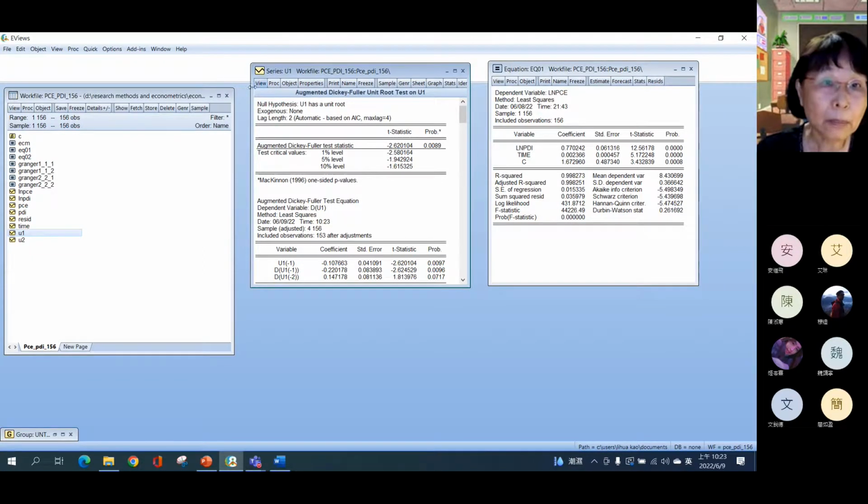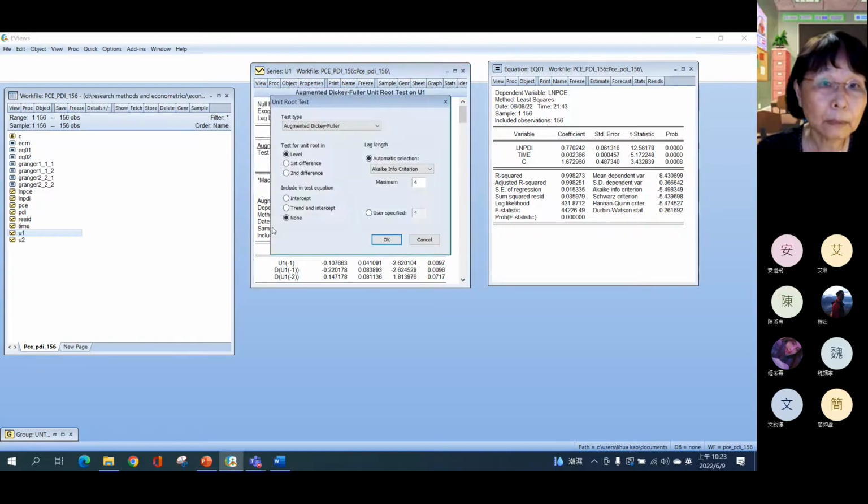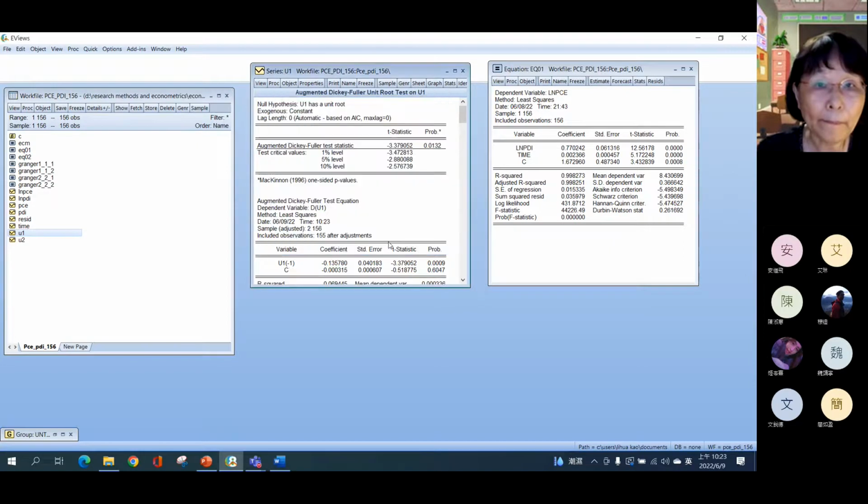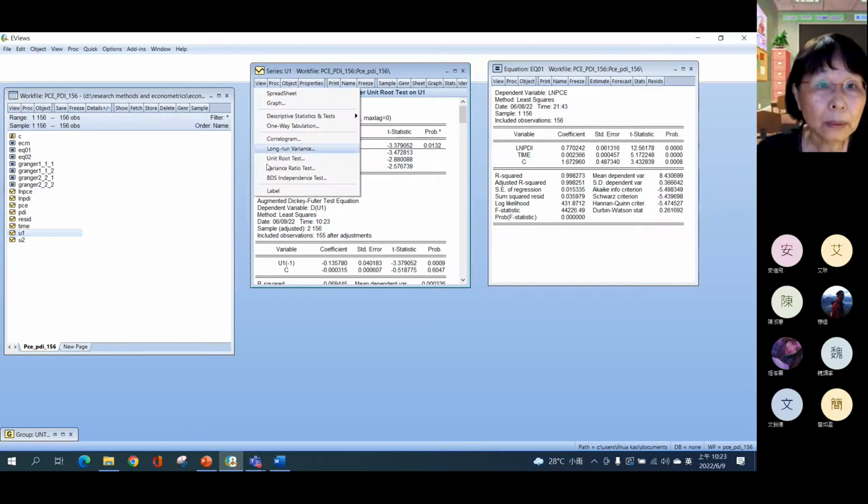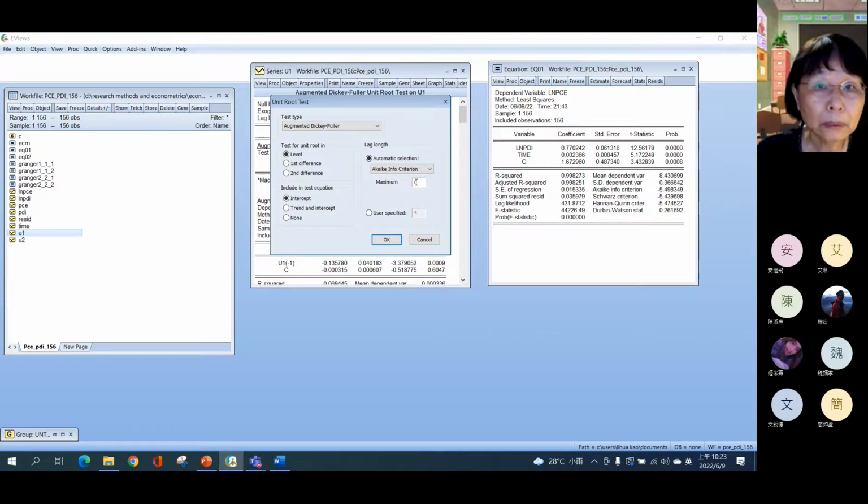Maybe I'll try the intercept only. I also can try from 0. Well, this probability is also small. This passes the 5% level. And how about 4?